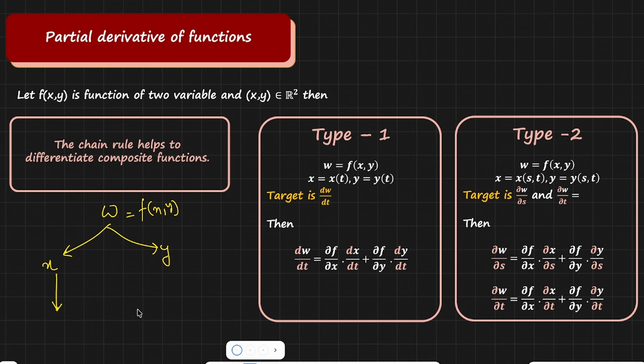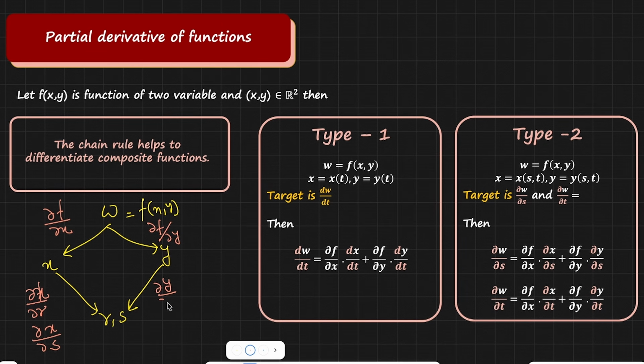Whenever you have a function of two variables, you have to use the partial derivative. So here we will find the partial derivative with respect to x and with respect to y, but for x and y we will find the partial derivative with respect to r and with respect to s.